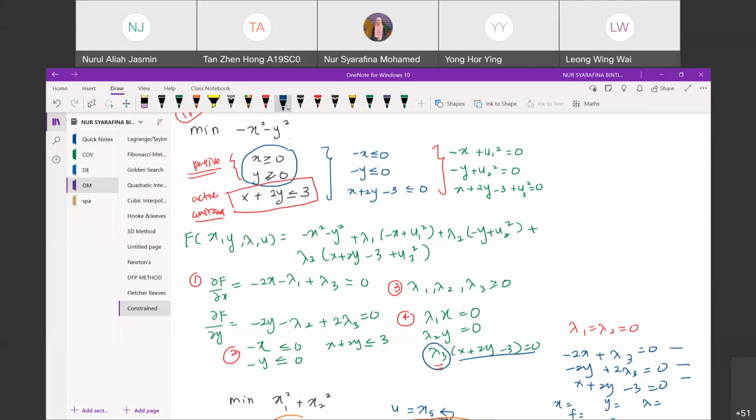All right. Can you do this? What is x, y, and lambda here? Anyone?